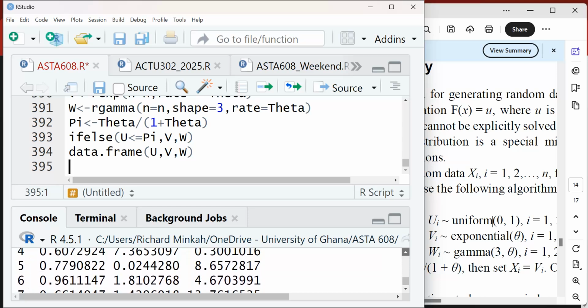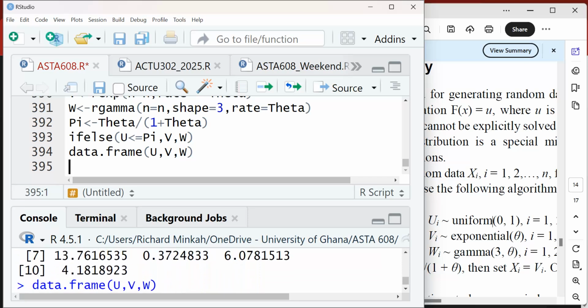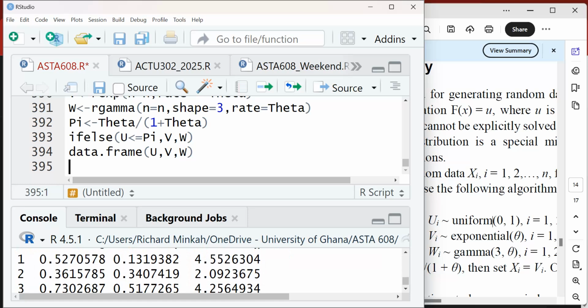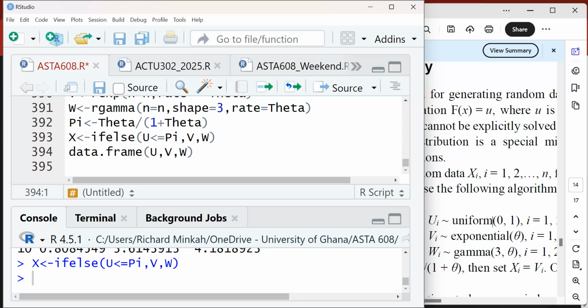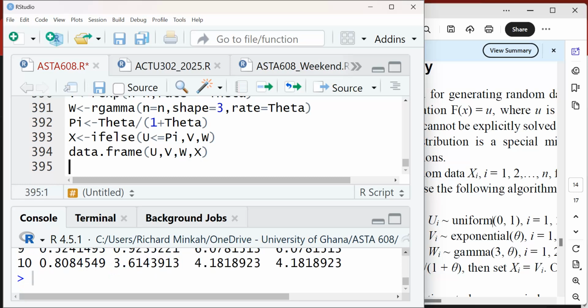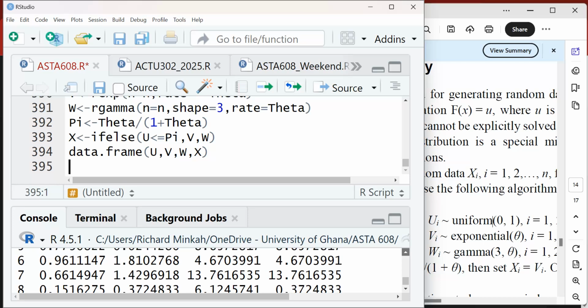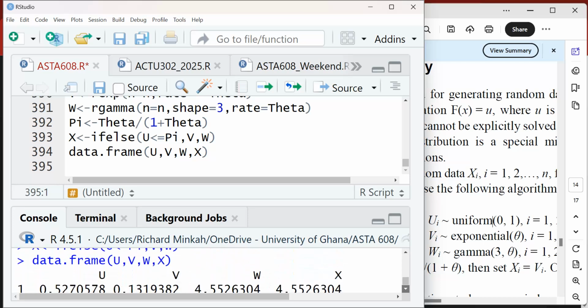So the first one, we know that if U is less than, okay, so let me see, X is assigned this. So then I'll put X alongside it. And then we see the way it looks. Okay. So let's see what is happening. If you are done, we can all check through.